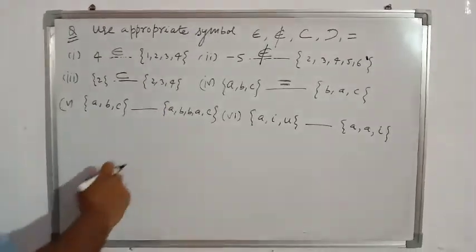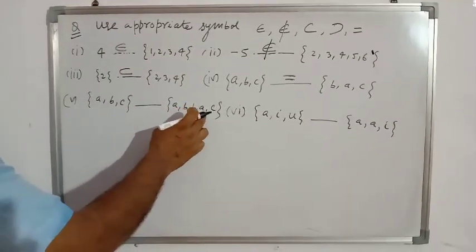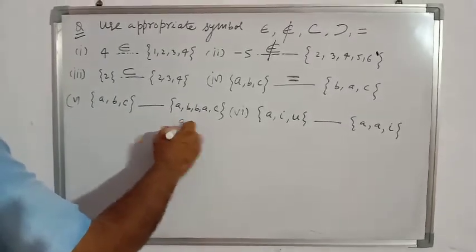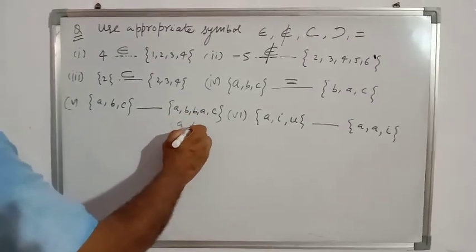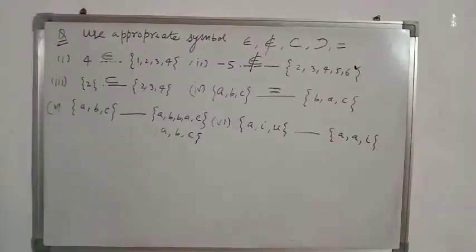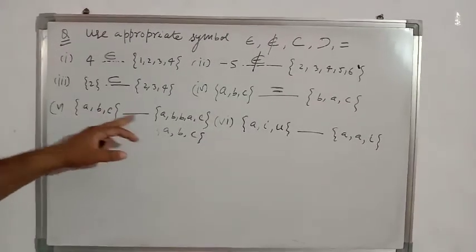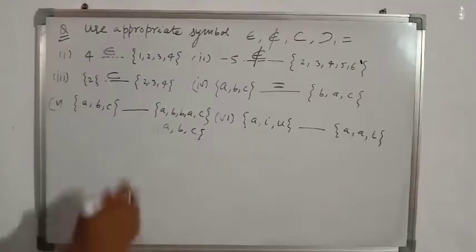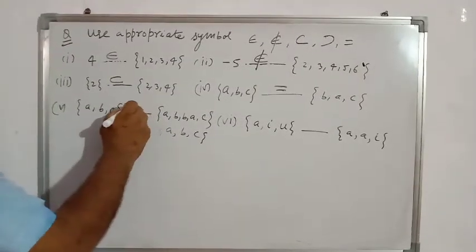What is this set? A, B, B, A, C. A has come 2 times, but we have to consider it only 1 time. B has come 2 times, so it is only A, B, C. So we see that both sets have exactly the same elements, A, B, C. So again both sets are equal.